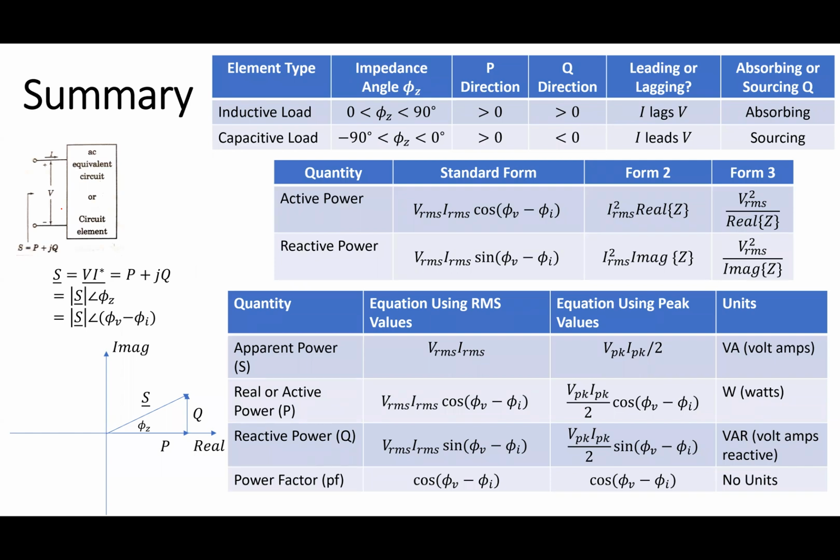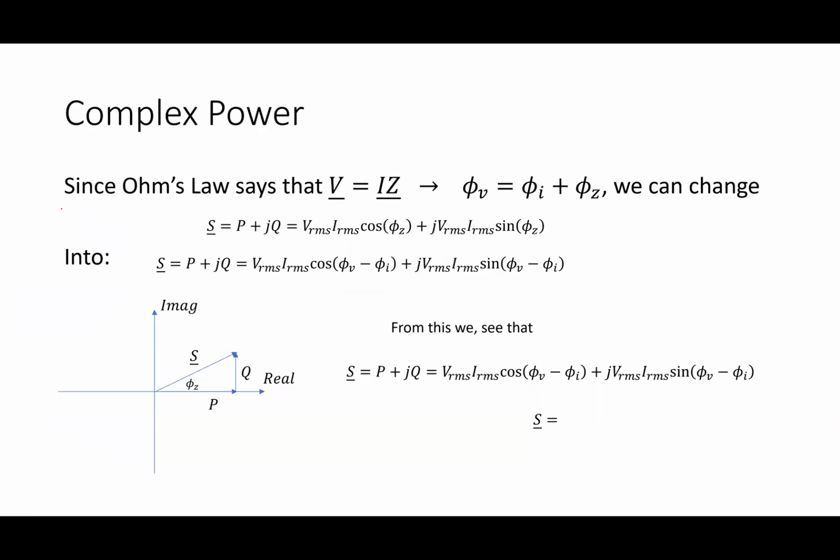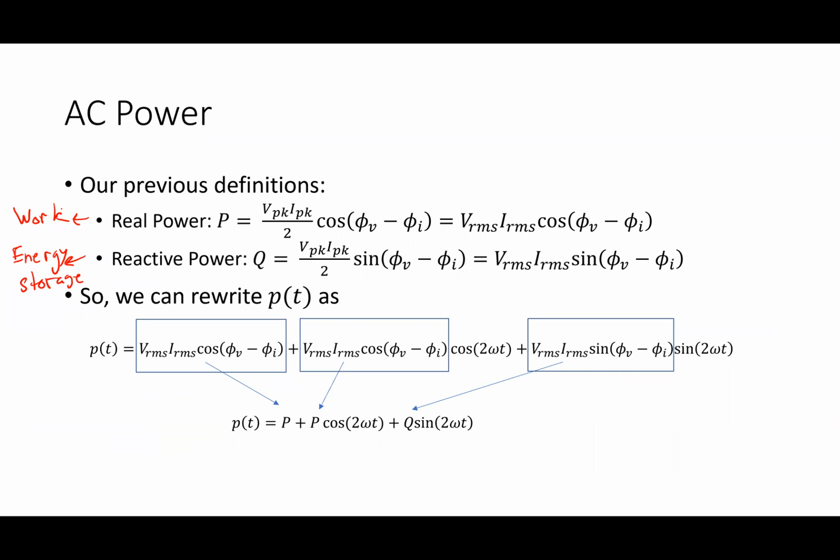So there's a whole set of relationships between P and Q and some other things we're about to talk about. It's summarized here, and also in the additional notes that I posted. So you'll probably want to look at that when you're going through your homework.